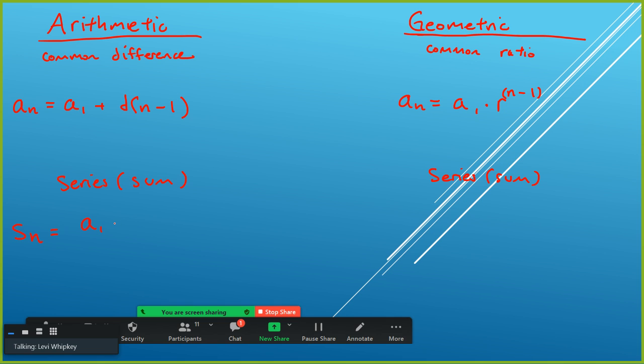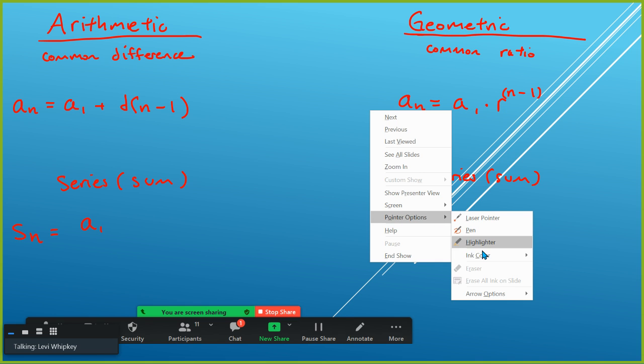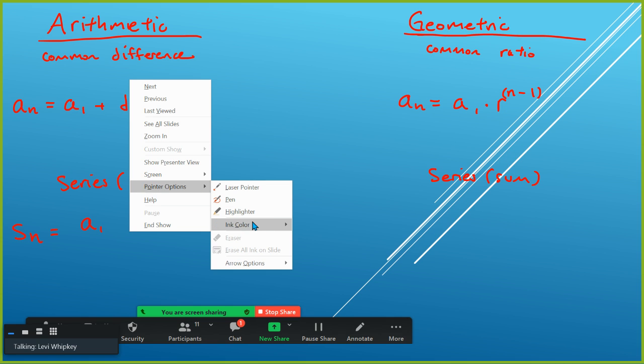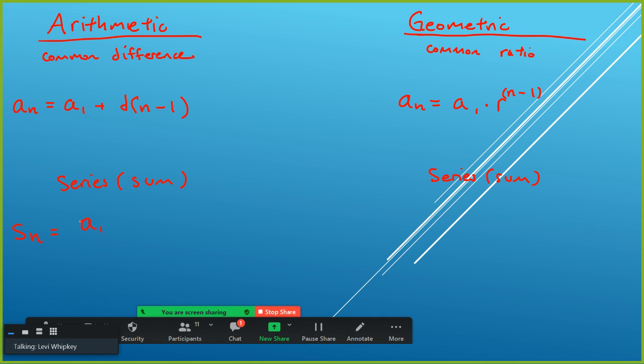Oh, Sn equals n, parentheses, a1 plus an, and then underneath that is 2. I think that's it. That's right, Levi. Thank you. I had a brain fart. I should have written it in my notes today, and I can't delete what I wrote.